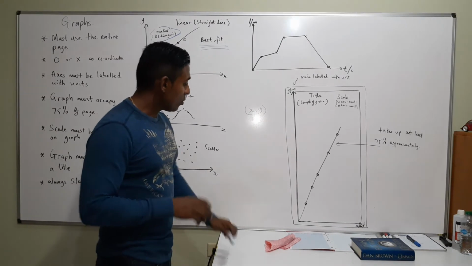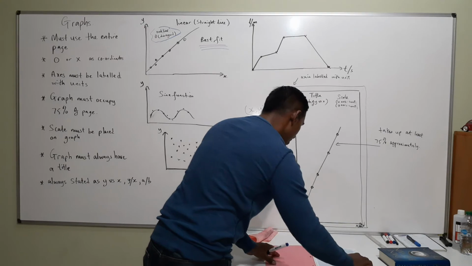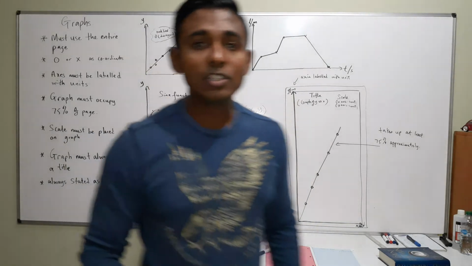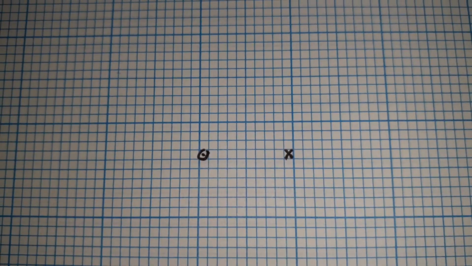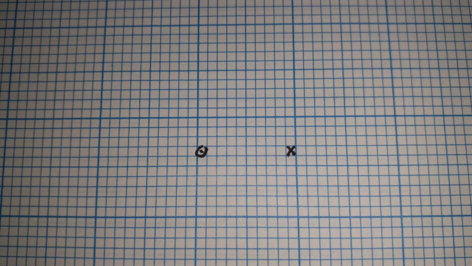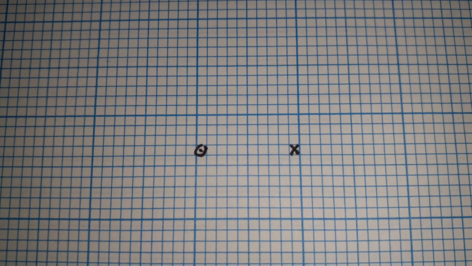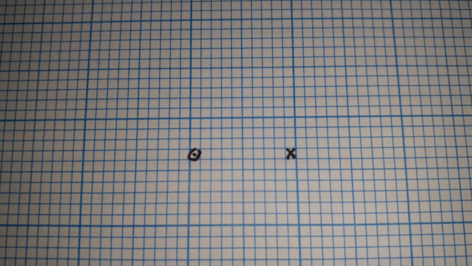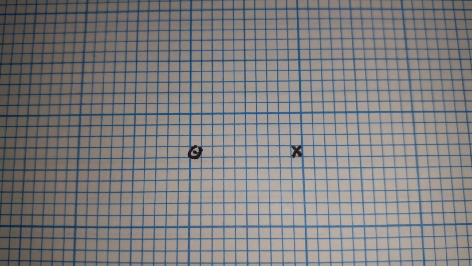What I want to show you now is how large the actual dot and circle will be. If you look at my graph page here, and I'm going to zoom in just a little bit, notice that the dot with the circle is no bigger than the smallest block on your graph page. And also look at the X, it's no bigger than the smallest block.